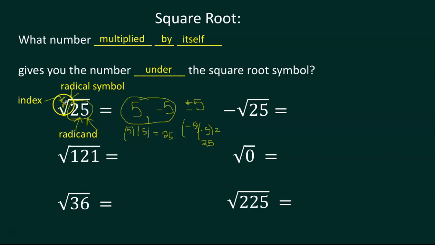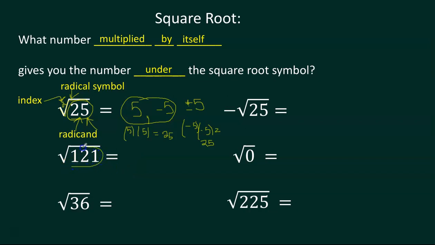But with the square root, they hide the index. I think it's because the square root is used more than all the other roots. So with the purpose of saving time, if that's the one you use most often, you don't want to write a 2 every time, you don't have to. But know that the index here is a 2, the index here is a 2, the index here is a 2.